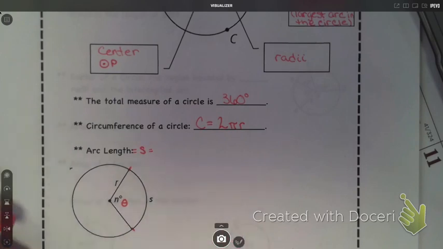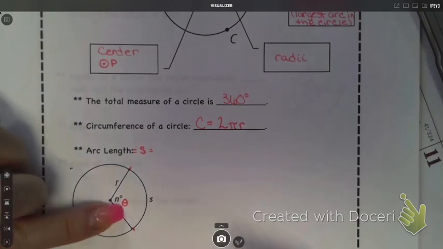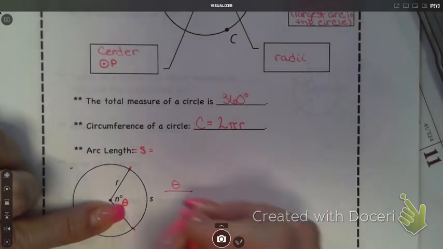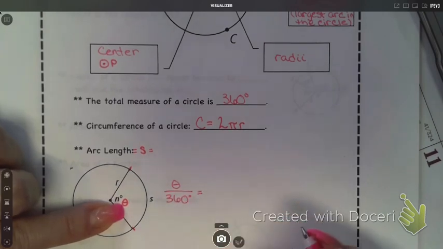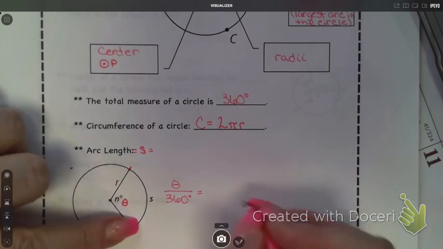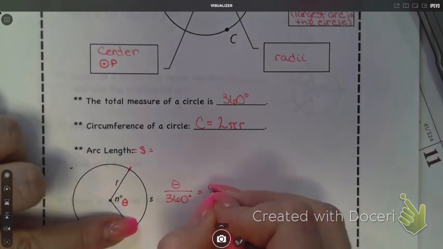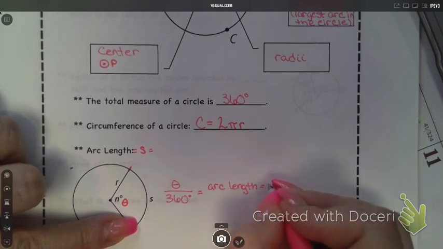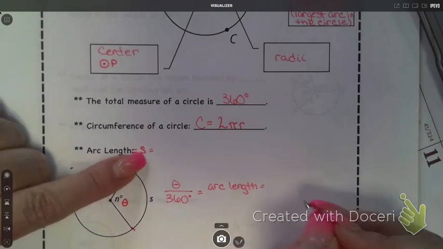Just like we had ratios in triangles that were equal, we're going to use that ratio math to find this formula. So we know that the ratio of the angle to 360 degrees is equal to the ratio of the arc length, which is what variable?